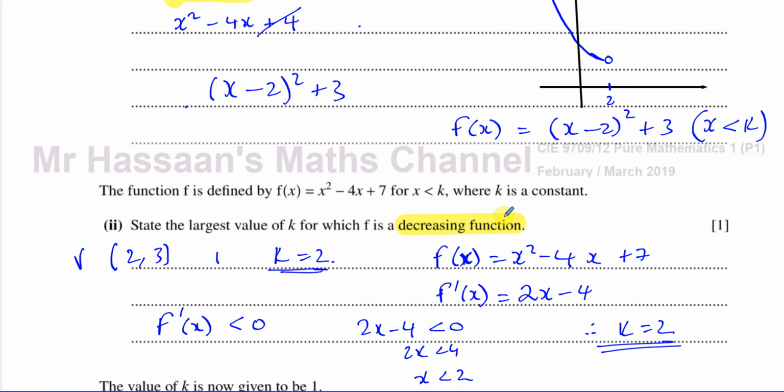Now I'm going to also explain something else. Sometimes they might ask the same question in a different way. They might ask this question by saying, state the largest value of k for which f has an inverse. Now, a function has an inverse when the original function is 1 to 1.